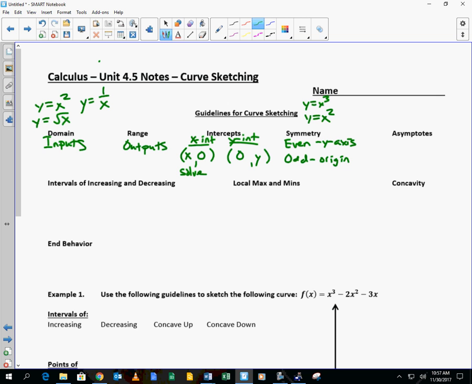Asymptotes, a lot of times those happen if we have spots where it's undefined, right? Here we have 1 over x minus 3 is equal to y. What's the vertical asymptote? Does anybody know what the horizontal asymptote is? Very good. So the vertical asymptote is x equals 3. The horizontal asymptote is y equals 0.